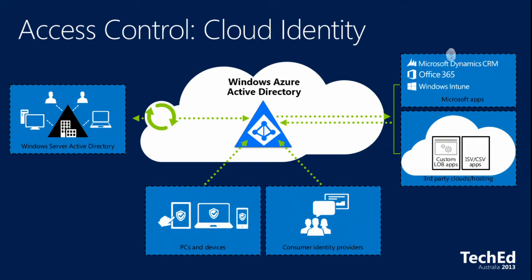The hybrid part comes with that little circle over to the left or right, depending which way. The idea is I have my Active Directory environment here, and I can integrate it with my Windows Azure Active Directory environment. All right? There are three types of integration you do. The first is directory sync.